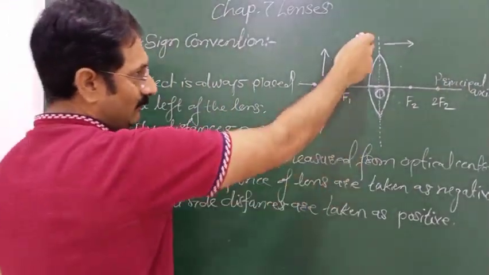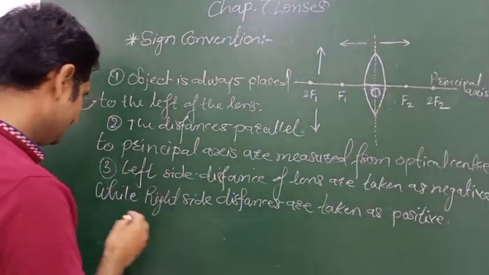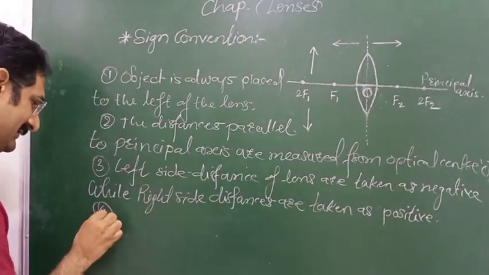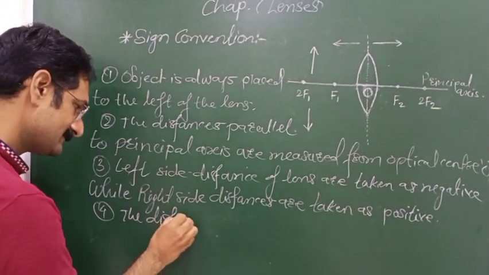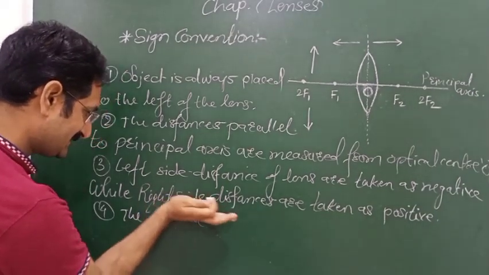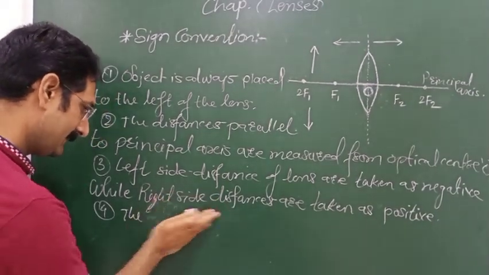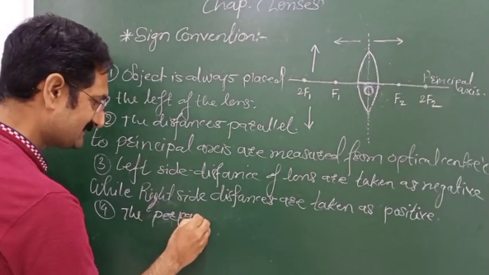Now, for perpendicular distances, what rules do we have to study?